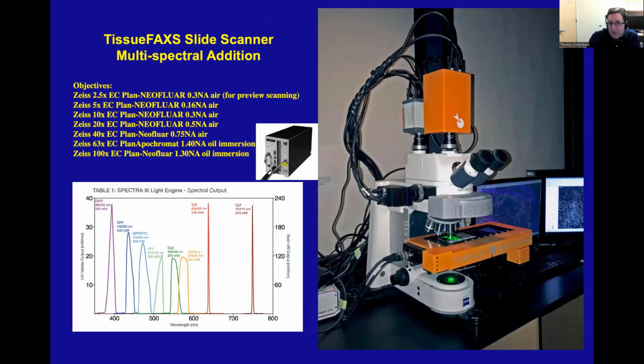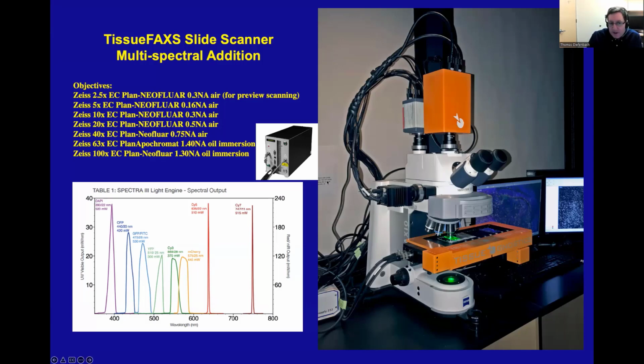That was fine for a while, but then TissueGnostics thankfully came out with a multispectral addition to their microscope, and you can see it as this large orange housed camera on the front top of the microscope, the front port. So we added this system to do some testing and try some imaging.